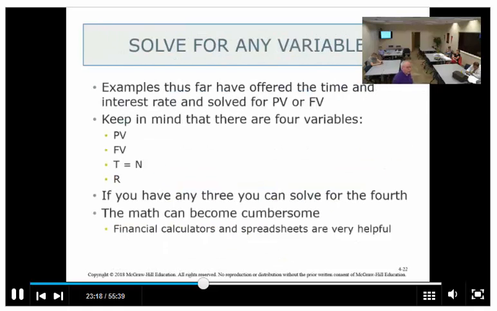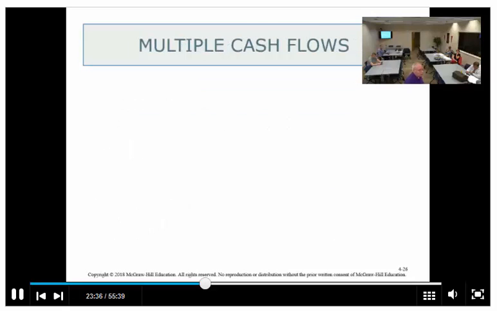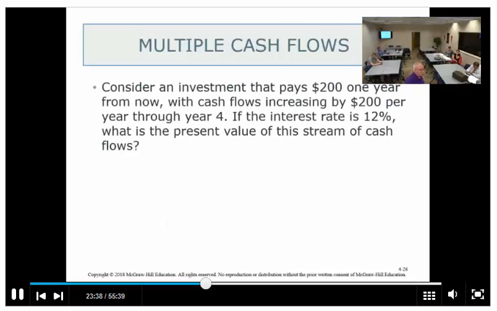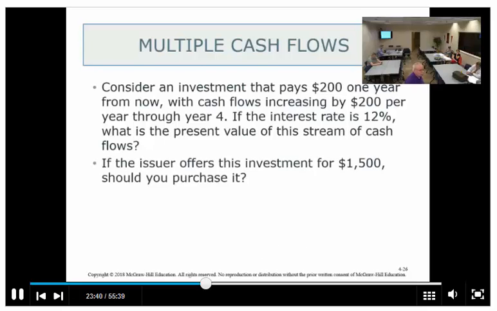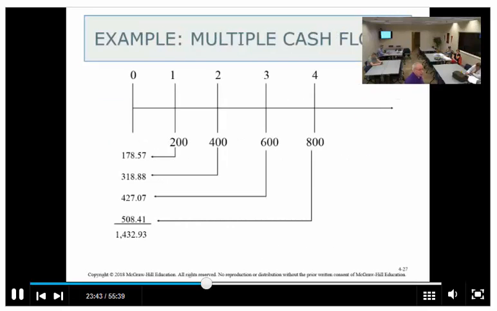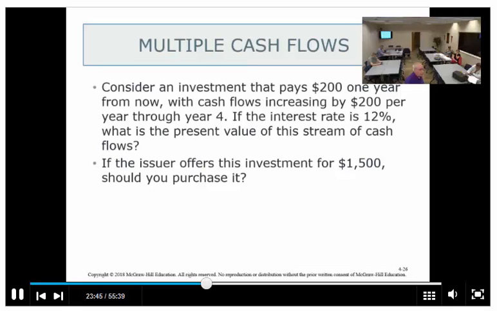All right, now, in Excel, you can solve for not only present value and future value, you can solve for the number of periods and the rate. Okay? All right, so now, if you read your textbook, it tells you that.